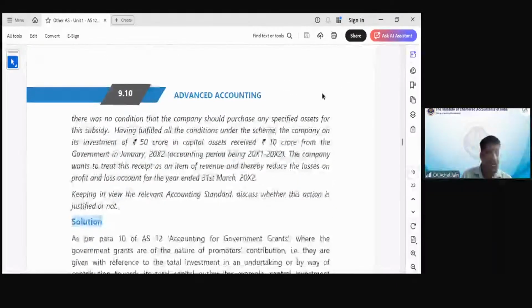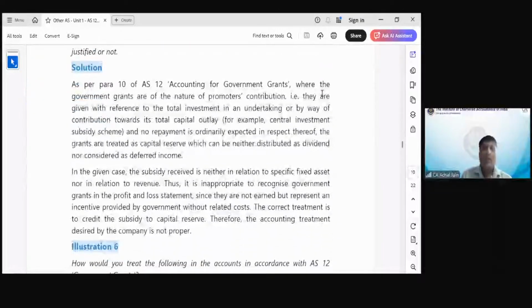So now, in this case, where the government grants are of the nature of promoter's contribution, means they are given with reference to total investment, something which has also happened in this question, and wherein no repayment is ordinarily expected, something which is also specified in the question, what do you call those grants? Grants in the nature of promoter's contribution. How do you treat them? Take it to capital reserve.